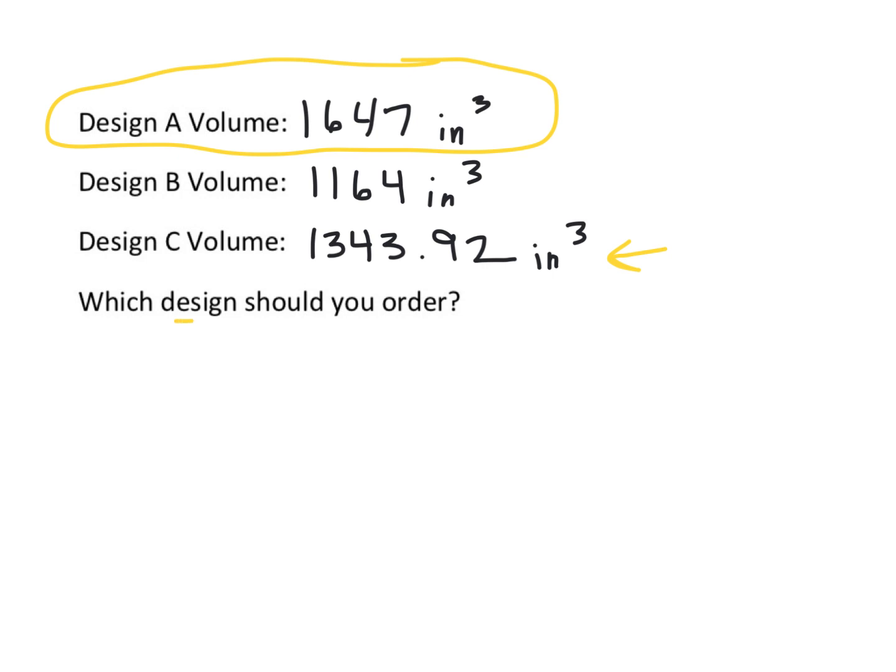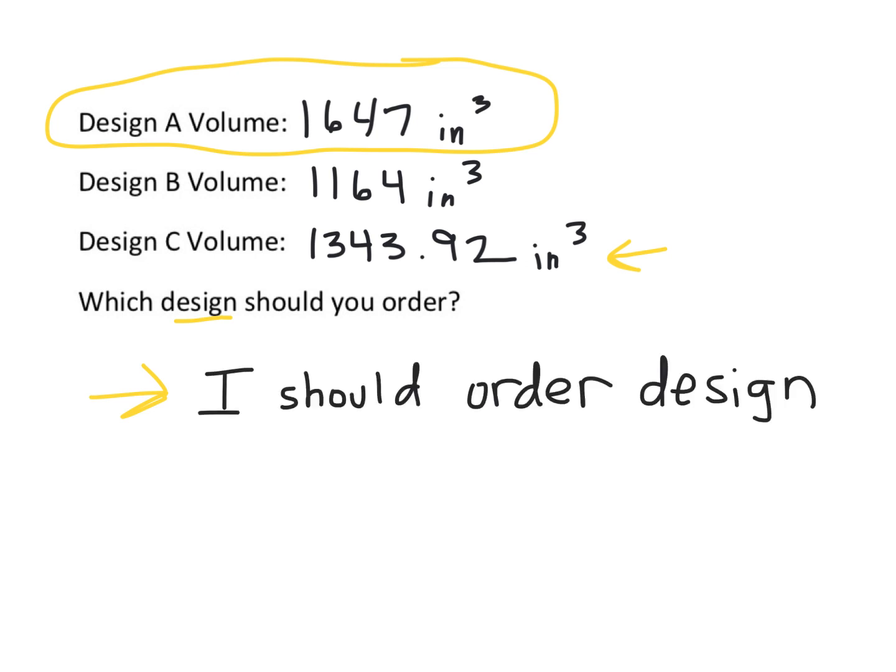But if I'm being asked, like, more cake for my money, I'd have to go for design A. So you go ahead and write your response here and why you would choose that answer. So something like, I should order design, and then you choose and tell us why. Okay, thank you.